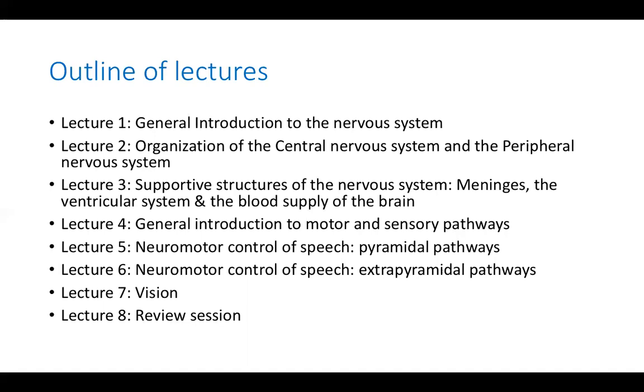In Lecture 5, we'll discuss the neuromotor control of speech, and we'll first discuss the pyramidal pathways and follow that up with the extrapyramidal pathways. And then we'll conclude with a discussion on the visual system. And so we'll end with Lecture 7, which is vision, and then we'll have a review session before this section comes to a close.